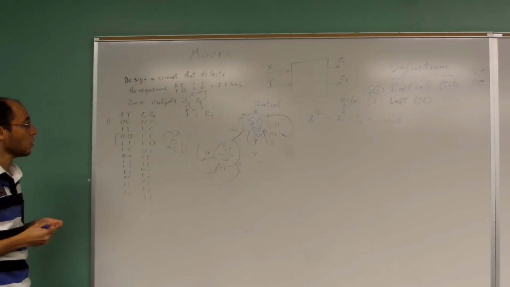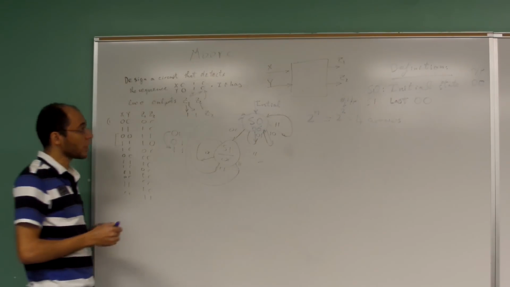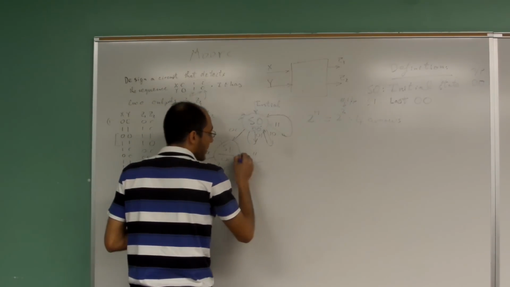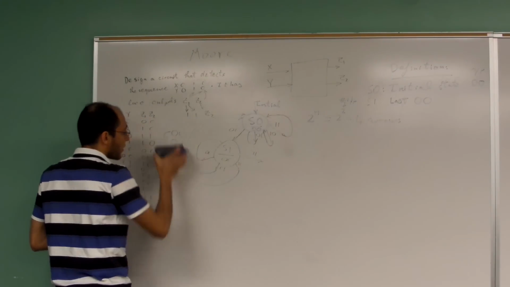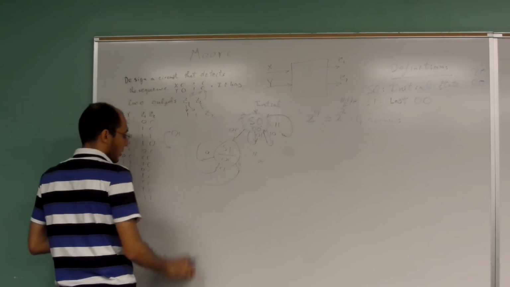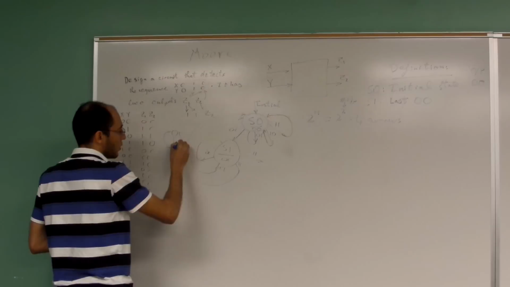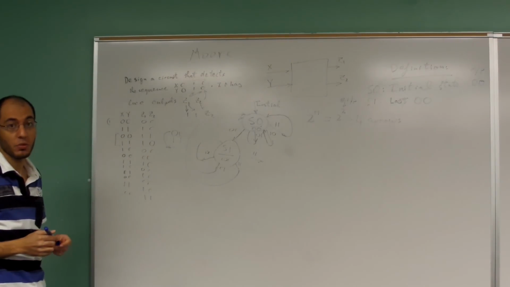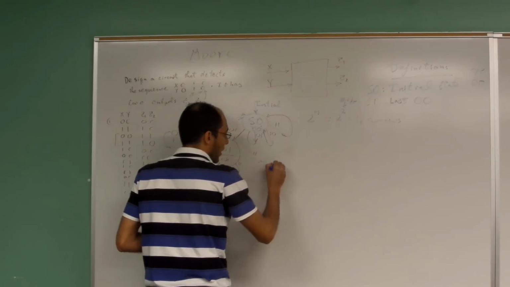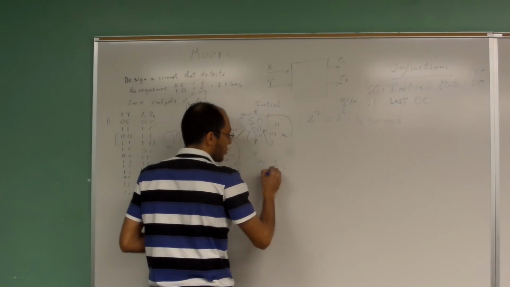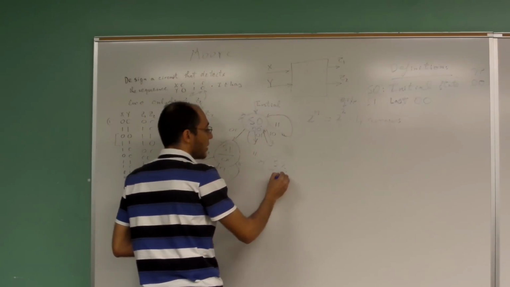What about 1, 1? Well, 1, 1 is a part of the sequence. Why is that? Because if I receive the 0, 0 followed by a 1, 1, then I'm looking at a part of the sequence that I'm looking for. Which means that I have to create another state, and I'm going to call it S2, and the output in that state, S2, is going to be 1, 0.